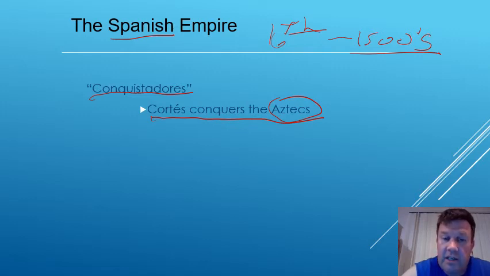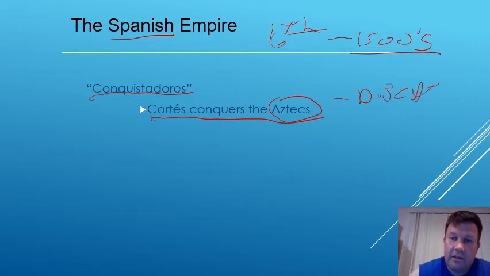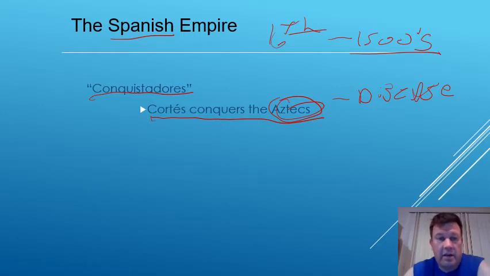Cortez rather easily, through advanced weapons, but most notably, of course, disease, again, decimates the native populations here, decimates the Aztec population, and becomes extremely wealthy in acquiring all the gold and wealth that the Aztecs had, which was untold amounts of money, and gold and wealth.